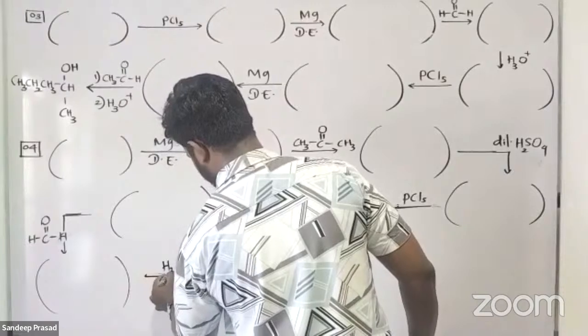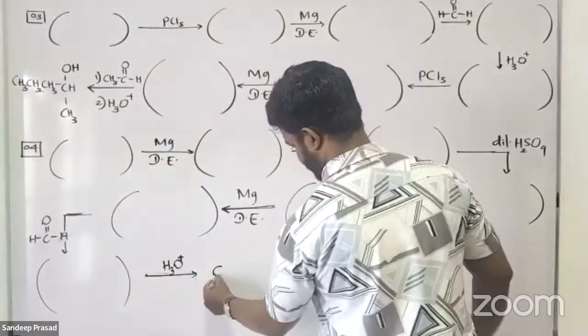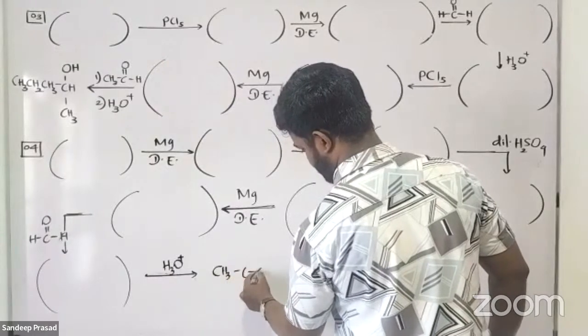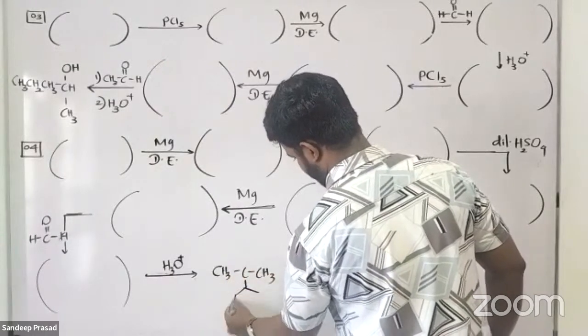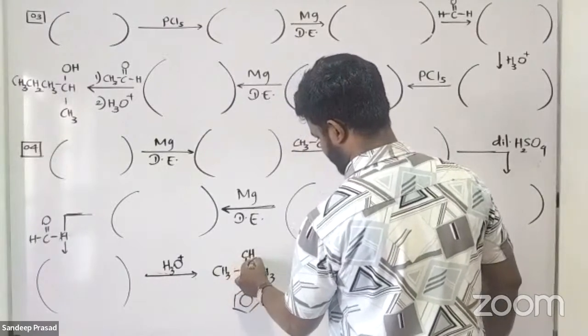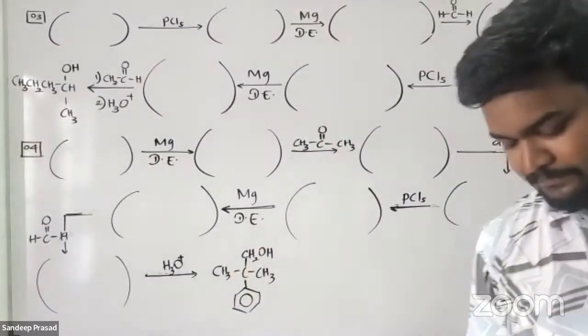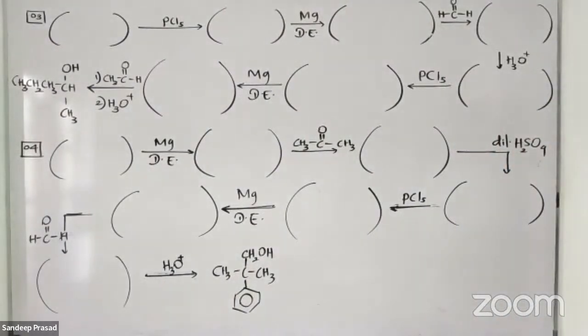The final product is CH3, two methyl groups connected to the carbon, benzene is connected there, and CH2OH. So the final is given. You have to predict the previous compounds. Right, let me go for the third one.